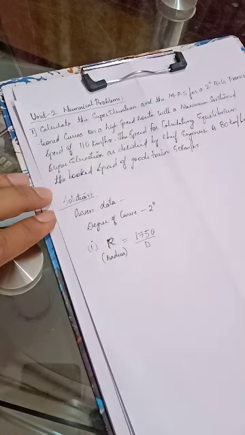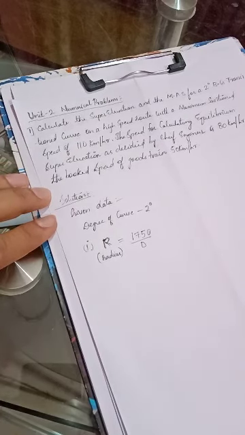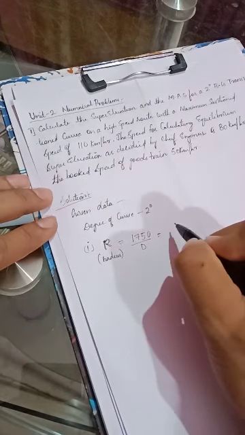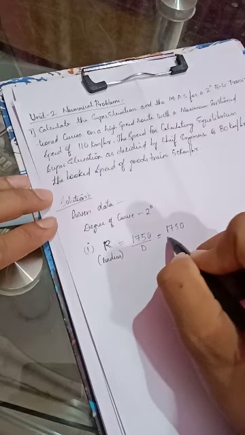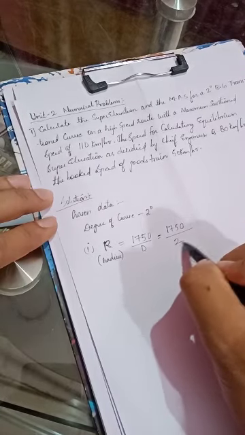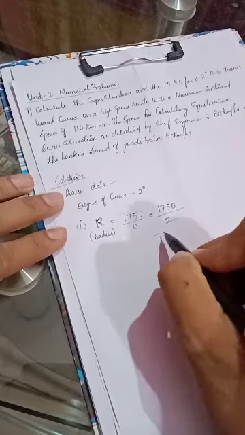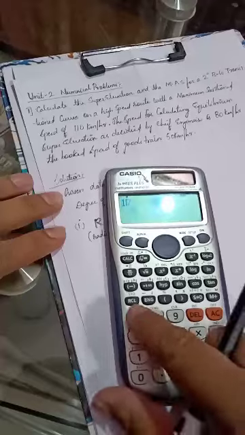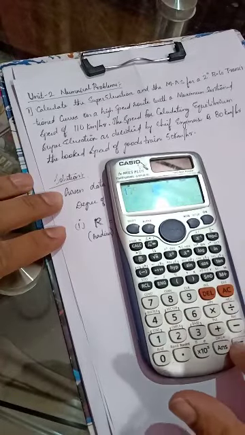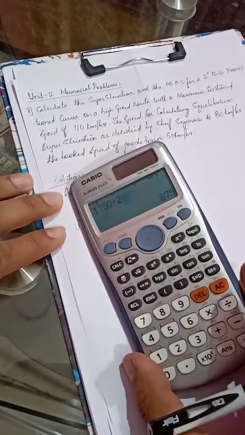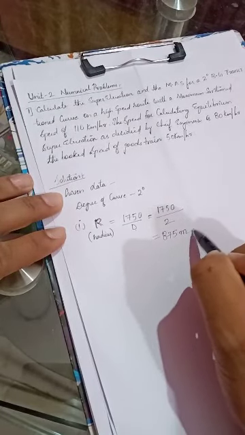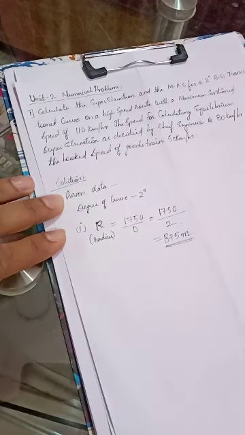The relationship between degree and radius is D R equals 1750, so R equals 1750 by D. So now let us calculate R, that is nothing but 1750 divided by degree, which is 2. So we will substitute 2. The answer is nothing but 1750 divided by 2, 875. Radius will always be in meters. See, these units are very much important.